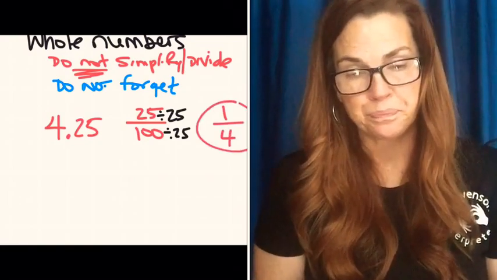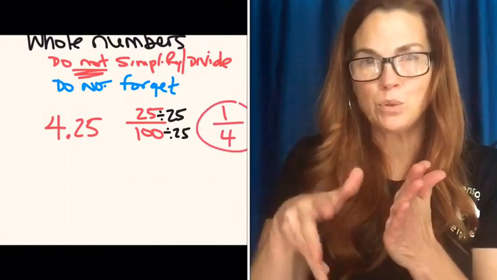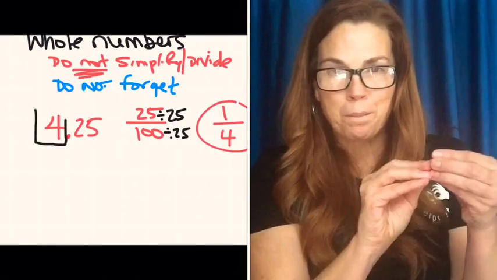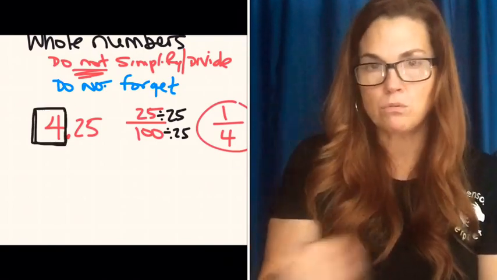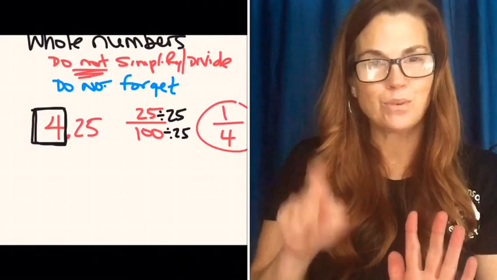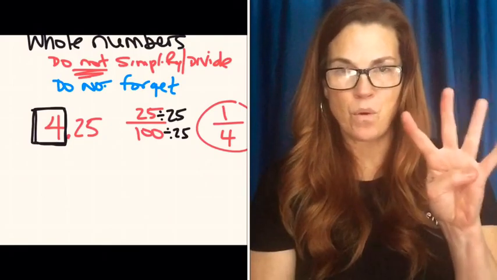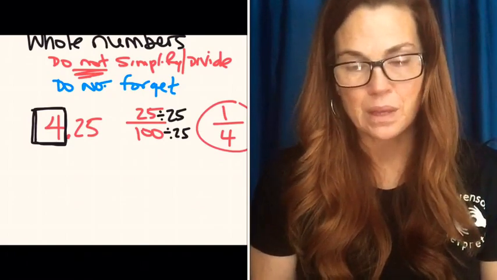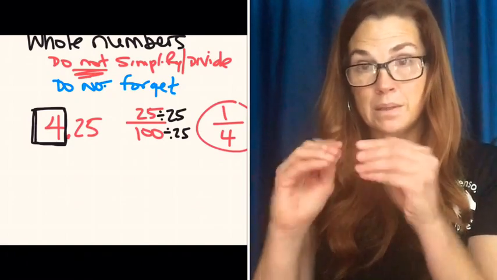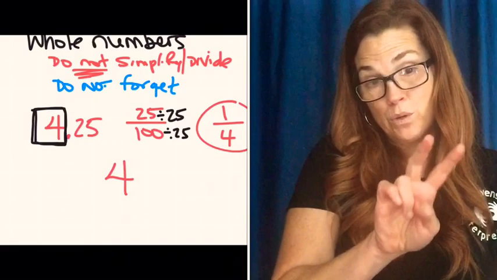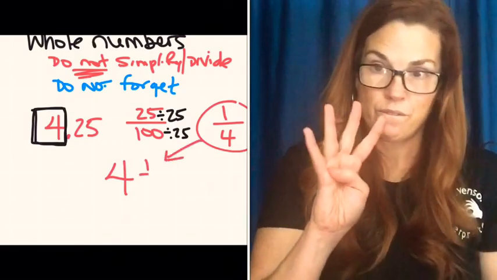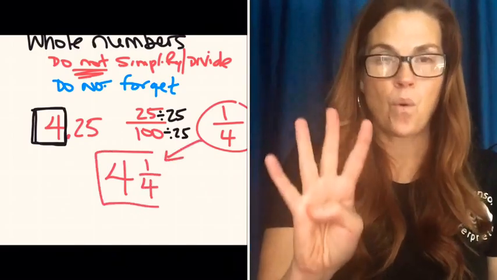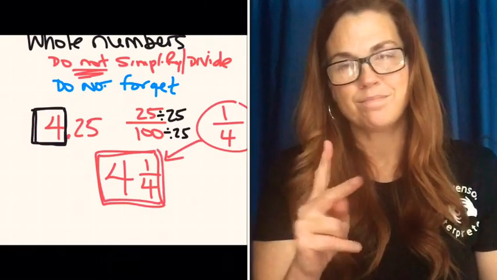And they'll circle this as their answer, completely forgetting about the whole number 4 that was in their original value. So the mixed number equivalent to 4.25 would actually be 4 and the fraction 1/4. 4 1/4. Very important to remember that.